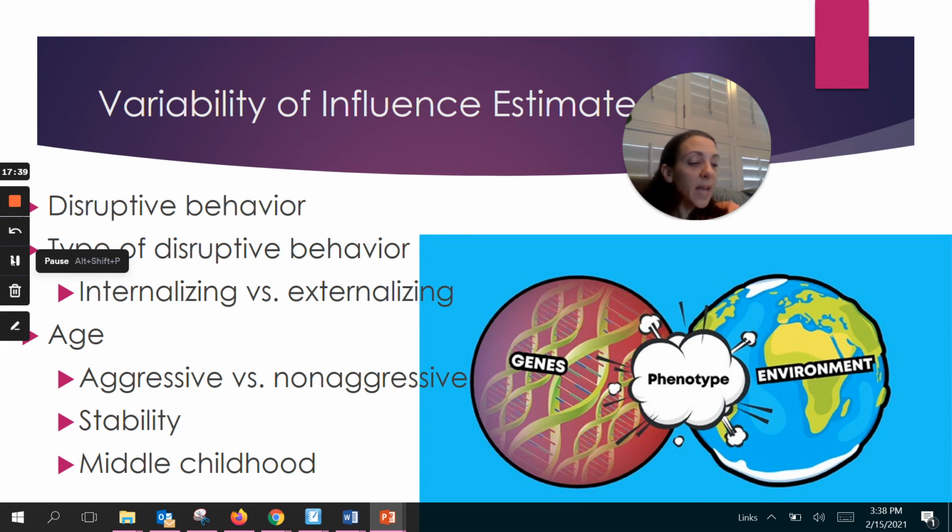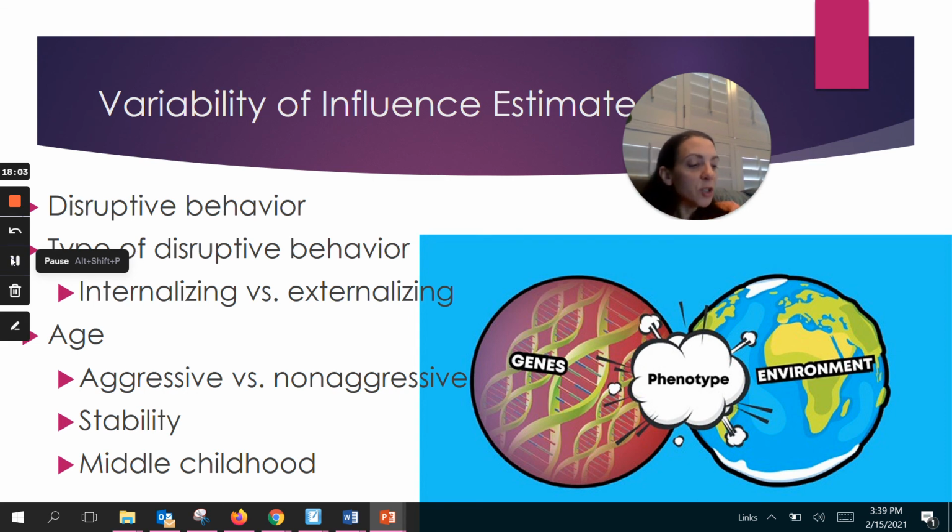So sometimes they group kids as early, middle, and late adolescence. Early childhood, middle childhood, and then middle and late adolescence. Others just say childhood, adolescence. So there's a lot of variability in how age is determined.